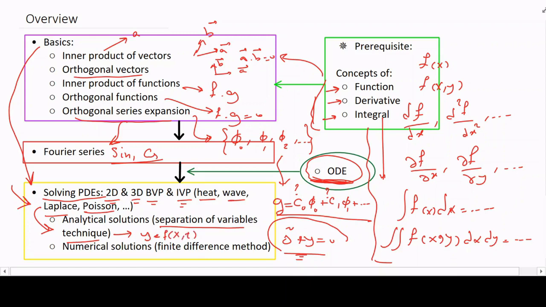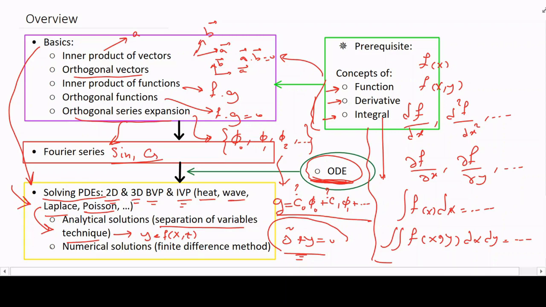If your function y is dependent on just two variables, x and t, then you can have a bunch of expressions on the right hand side, and from which you can find y at any given, for example, location and time, right?